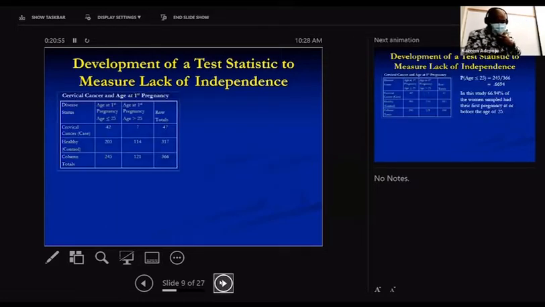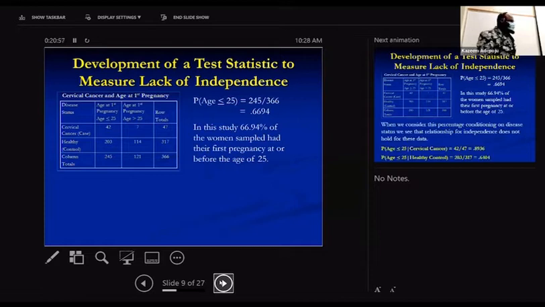Now, this is what we're going to do. We need to first find the probability of age less than or equal to 25 from the table. I want everyone to focus on the board now. It's going to be so easy. If you don't understand, ask me a question. What I want to do first is find the marginal probability. What do I mean by marginal?